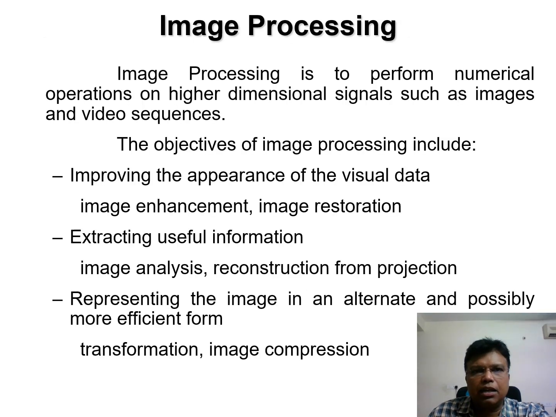Coming under the category of image processing, it is used to perform numerical operations on higher dimensional signals such as images and video sequences. The objectives of image processing include improving the appearance of visual data, extracting useful information, and representing the image in an alternate and possibly more efficient form.